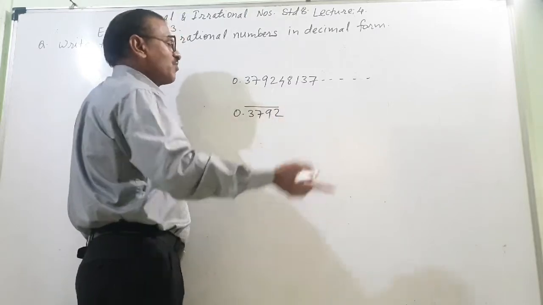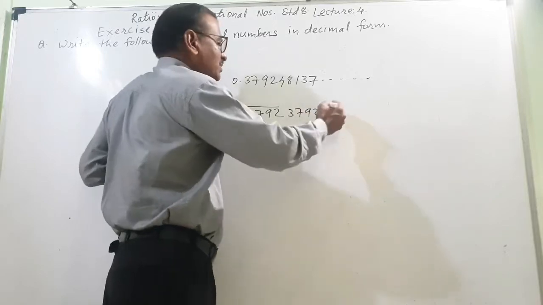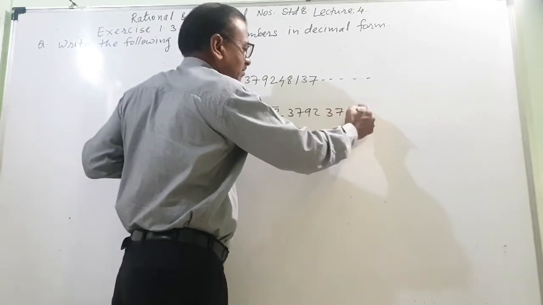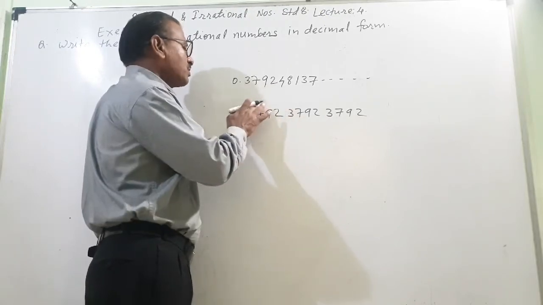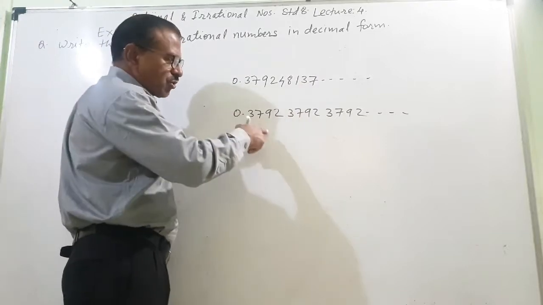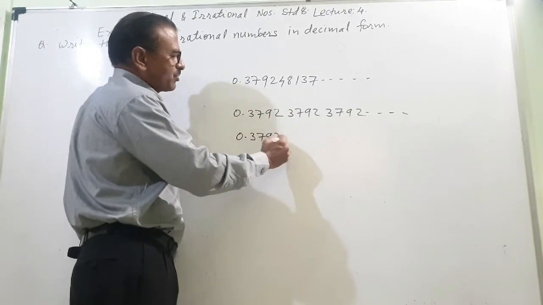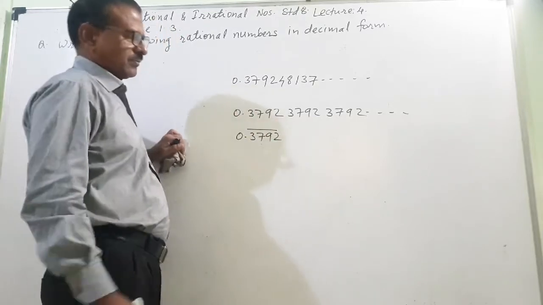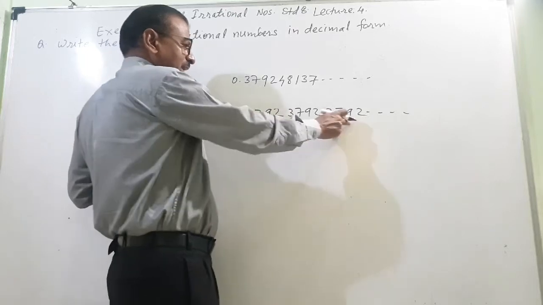This much part is coming once again, 3792, once again coming, 3792. That means it is recurring. In short, this way it will go on continuing. This I will write as 0.3792 with a bar. So this number is a recurring number.